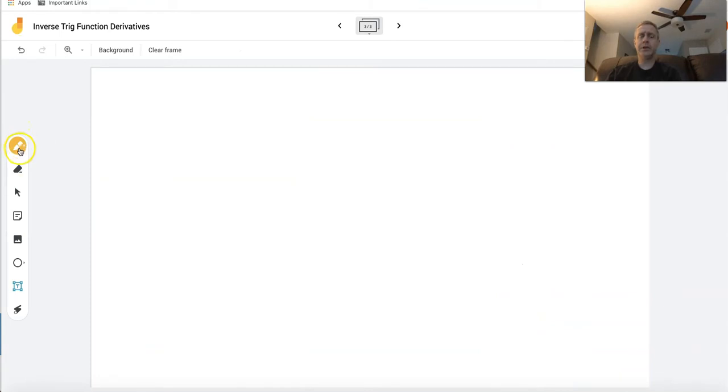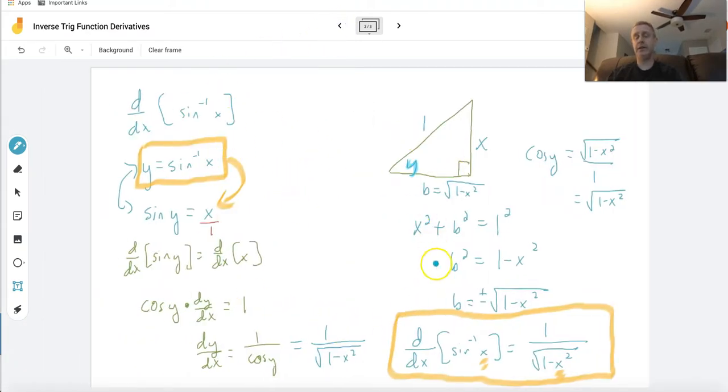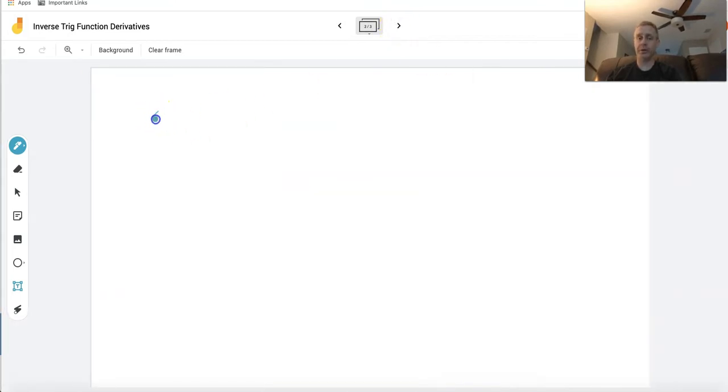And you can go about the same sort of process that I did here to ultimately get the derivative rules for inverse cosine of x and inverse tangent of x. But I will just give you what those rules are. And so the derivative rule for inverse cosine x is just -1 over the square root of 1 minus x squared. So if you notice, this is very similar to inverse sine of x.